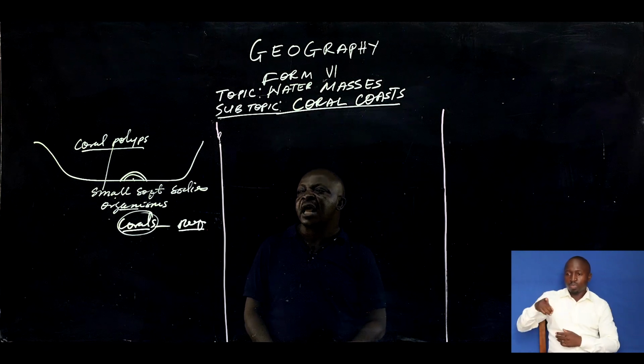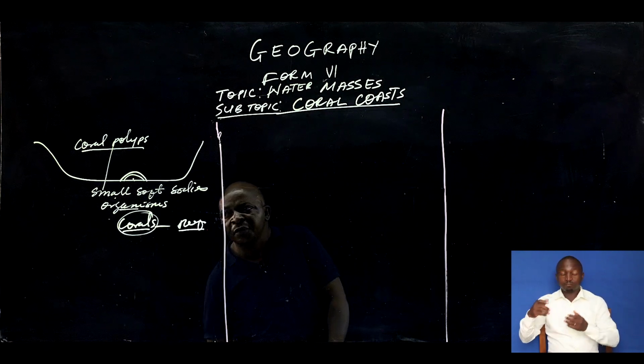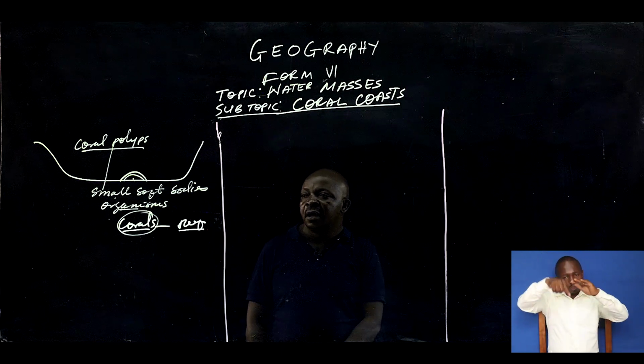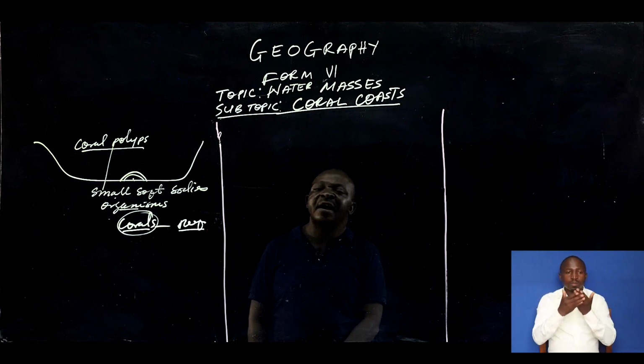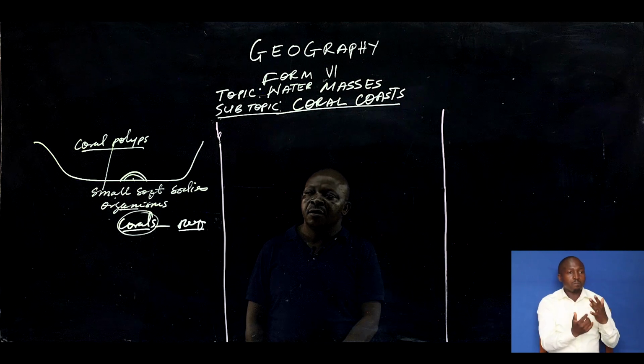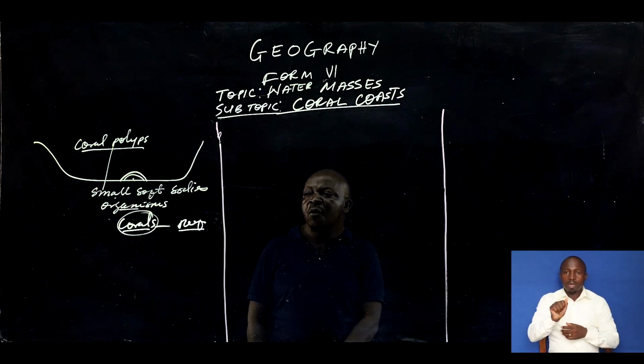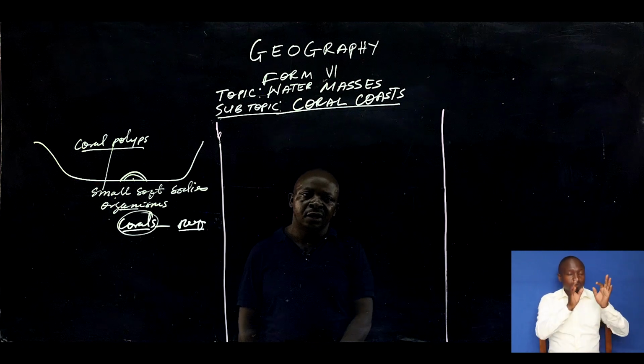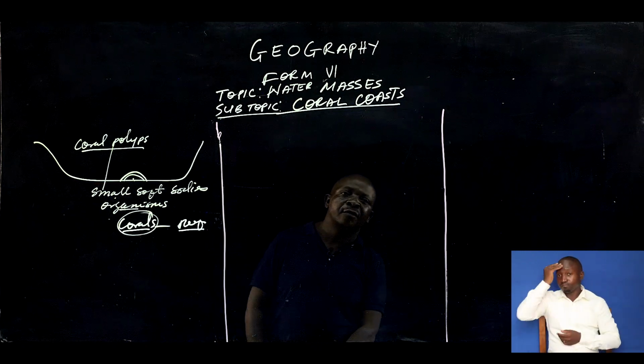3, sunlight penetration to the bottom of the oceanic floor to enhance the growth of plankton. Knowingly, coral polyps require plankton to grow well. We are clear enough.